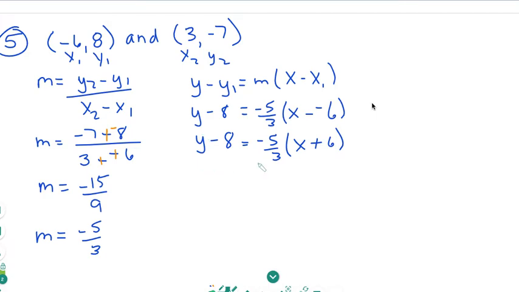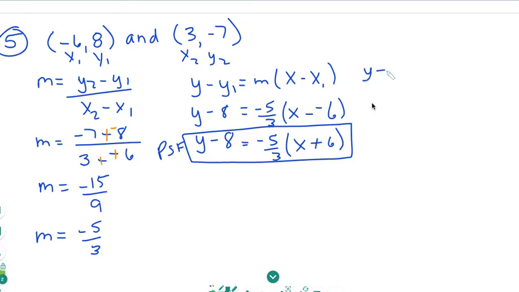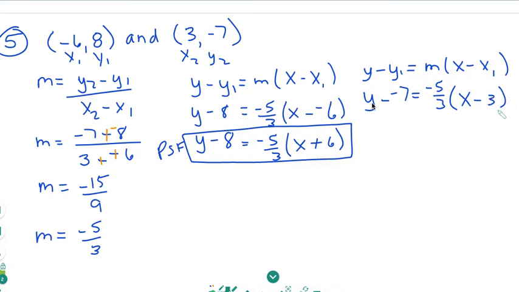That's one point slope form. I can also do y minus y1 is equal to m times x minus x1. And I can use the second ordered pair, so y minus negative 7 is equal to negative 5/3 times x minus 3.